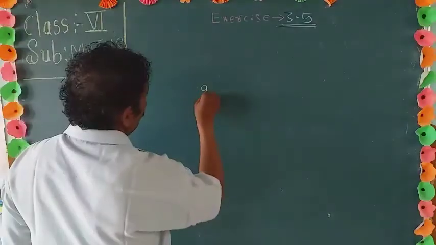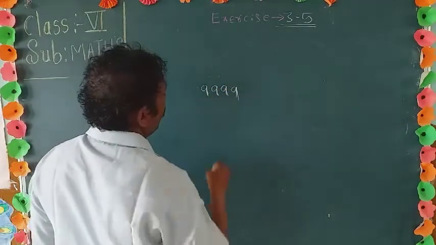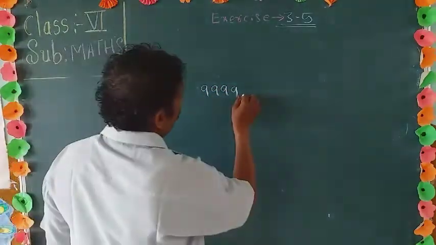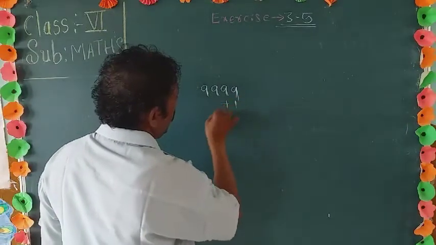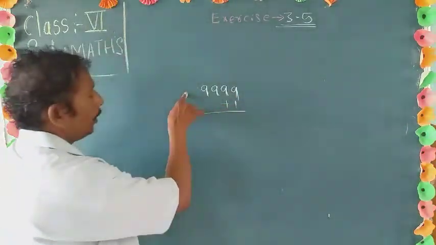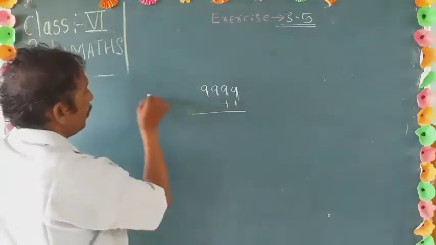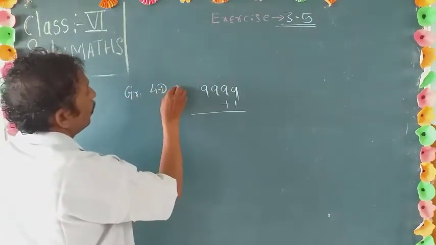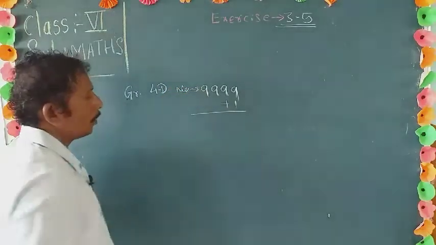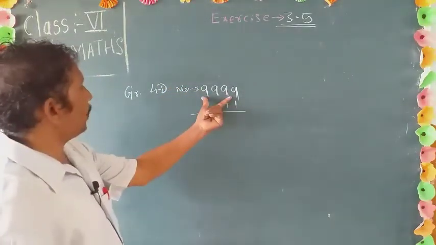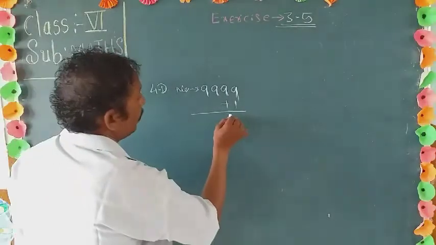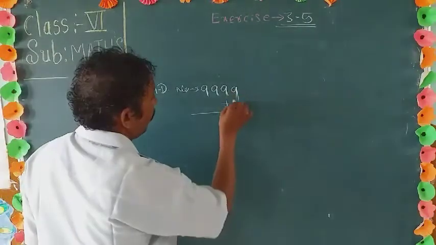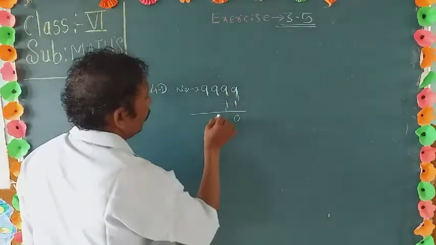After 9999, when we add 1 to the greatest 4-digit number, we get the next number. 9 plus 1 is 10, carry 1.